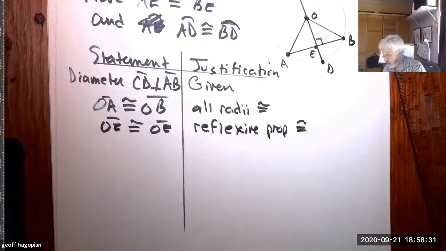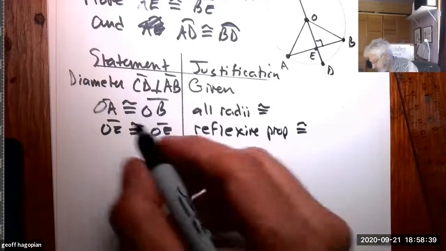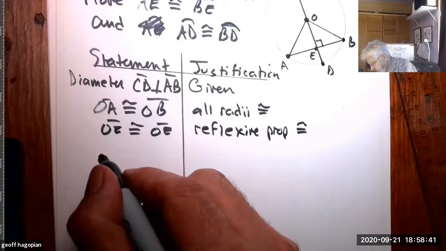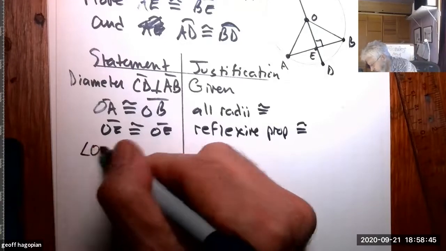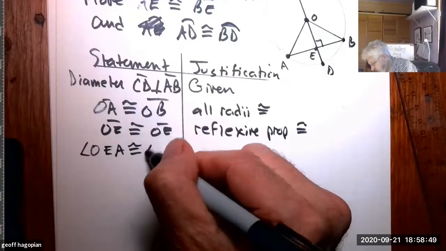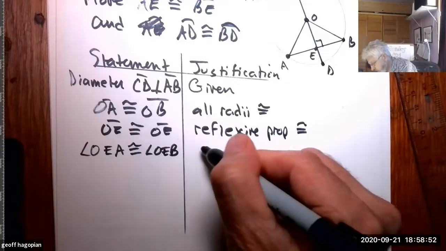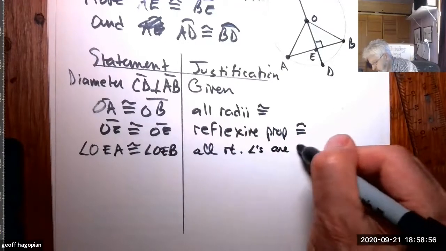And what else? So now we have 2 sides. Do we have an angle? Yeah, we have an angle, right? That angle OEA is congruent to OEB. All right angles are congruent.